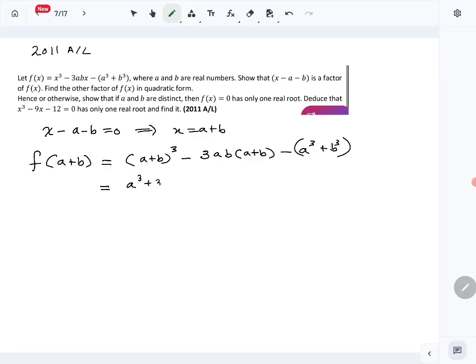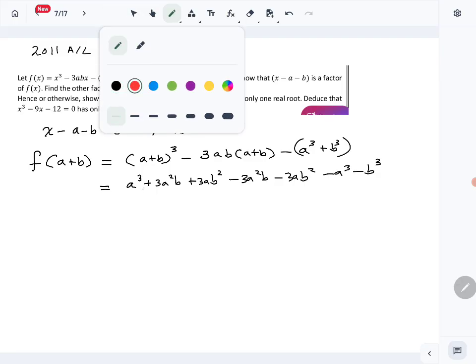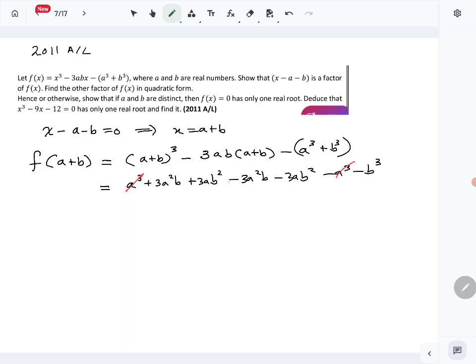A cube plus 3a squared b plus 3ab squared minus 3a squared b minus 3ab squared minus a cube minus b cube. So a cube minus a cube cancel. I'm missing a term here. No? Yes, plus b cube. So plus b cube minus b cube cancels. 3a squared b minus 3a squared b cancel. This and this cancel. So 0.